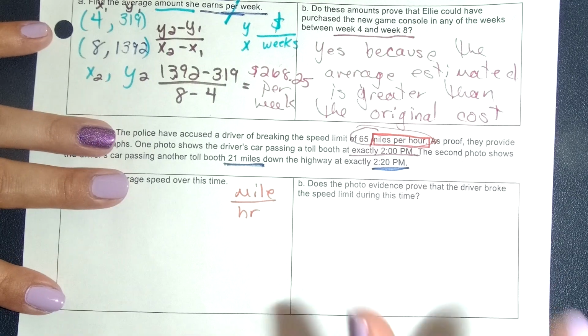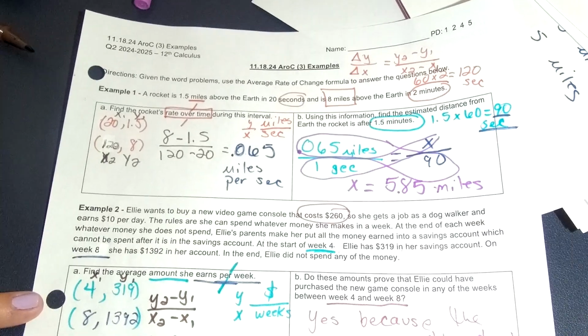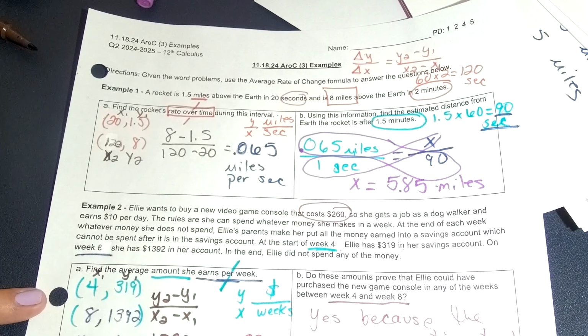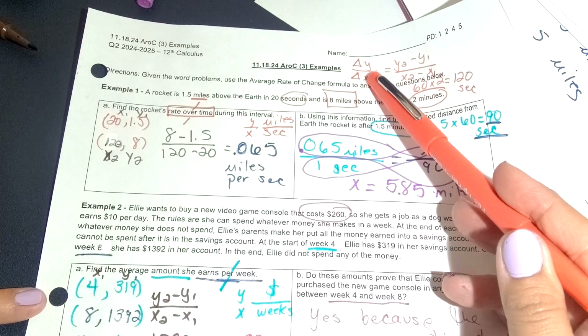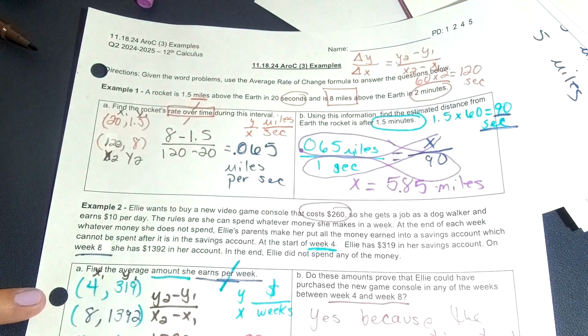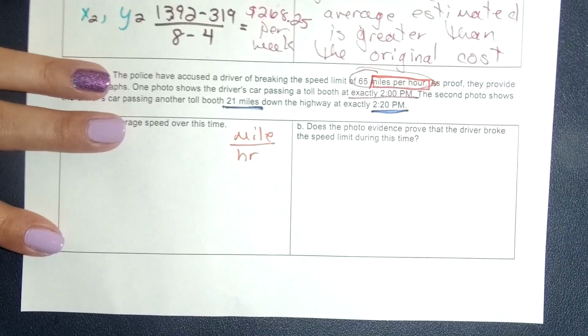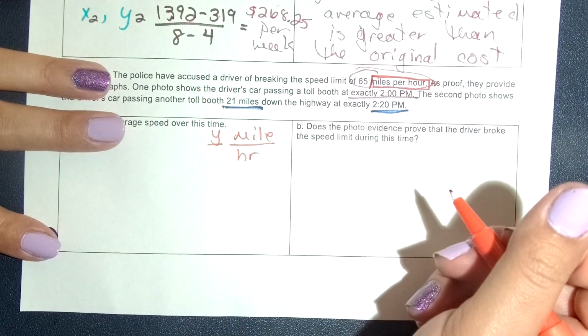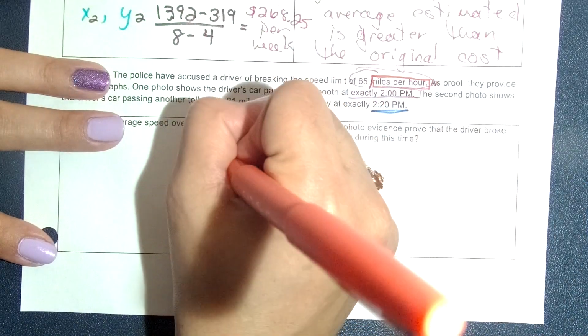Everybody, look at the top of the paper. Well, not just that. What is always in the numerator of your unit rate? Y. What's always in the denominator? X.